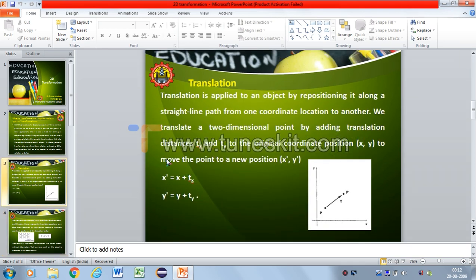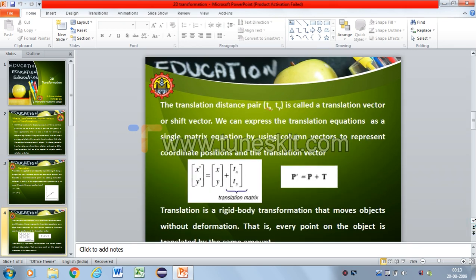These two are called translation equations. These translation equations are represented in matrix form by using column vectors, like this.